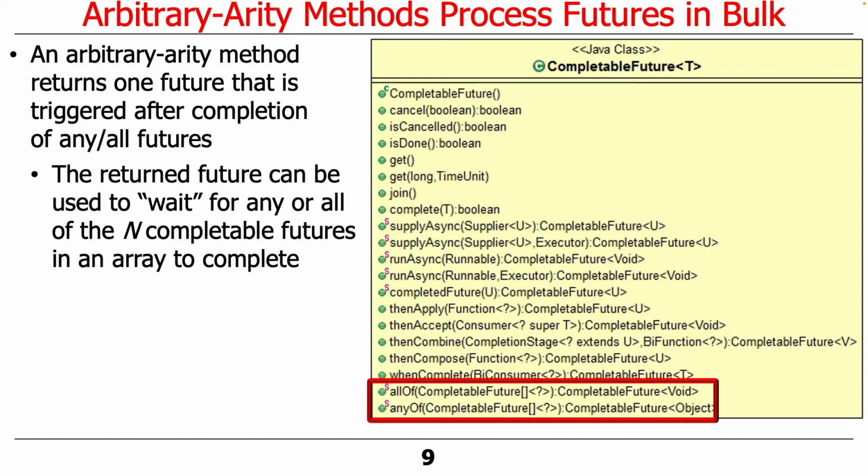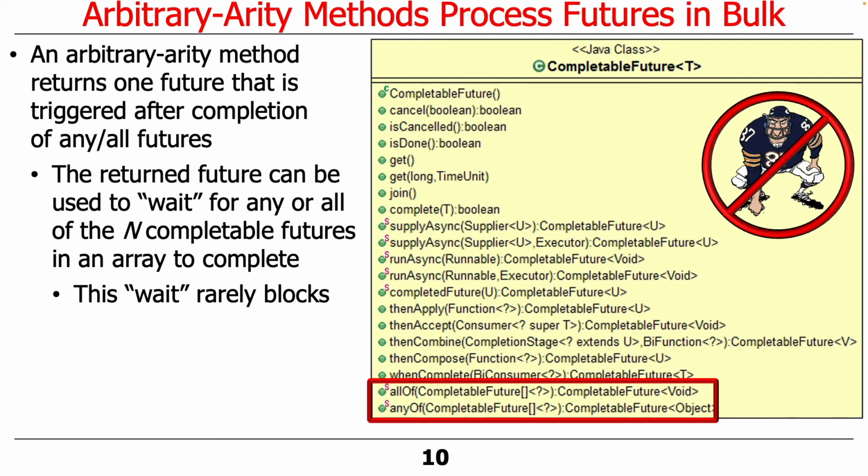Now, what you get back is this completable future, and you can use it to "wait" for any or all of the futures to complete. It turns out that what you typically do there is you typically don't wait. You typically do something else. You don't block.